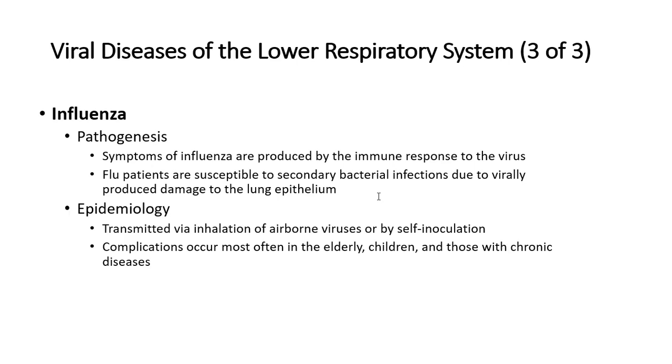That's to help with that secondary bacterial infection. It is transmitted via inhalation of the virus or by self-inoculation. You've touched something and inhaled it. Most of the complications are found, again, in the elderly, the children, and those with chronic diseases.